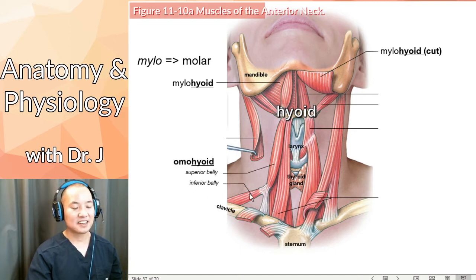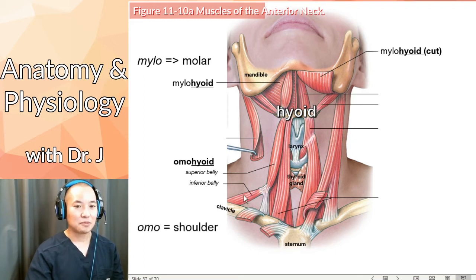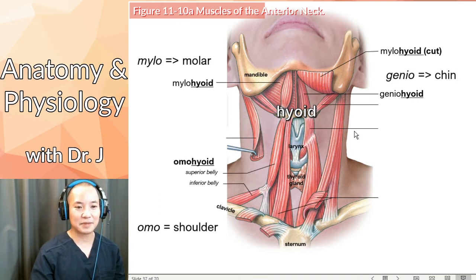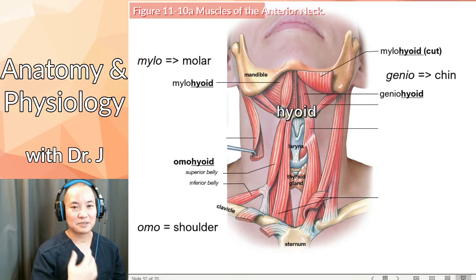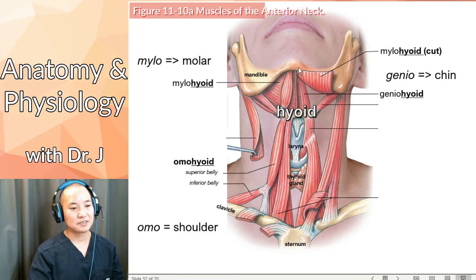It has two bellies, and omo is actually borrowed, again I think from Greek, and omo means shoulder. So notice that it's going from the shoulder up to the hyoid. And then you have the geniohyoid, which refers to the chin. I wonder why anatomists didn't call it mental hyoid like the other term, mental, but they went with the Greek word, I think. So geniohyoid means chin, and it's going from the chin to the hyoid. Stylohyoid.